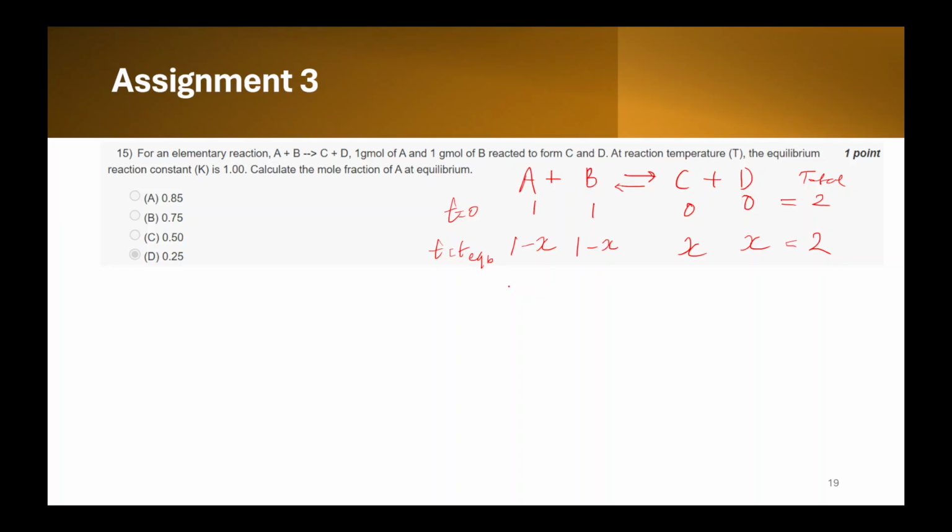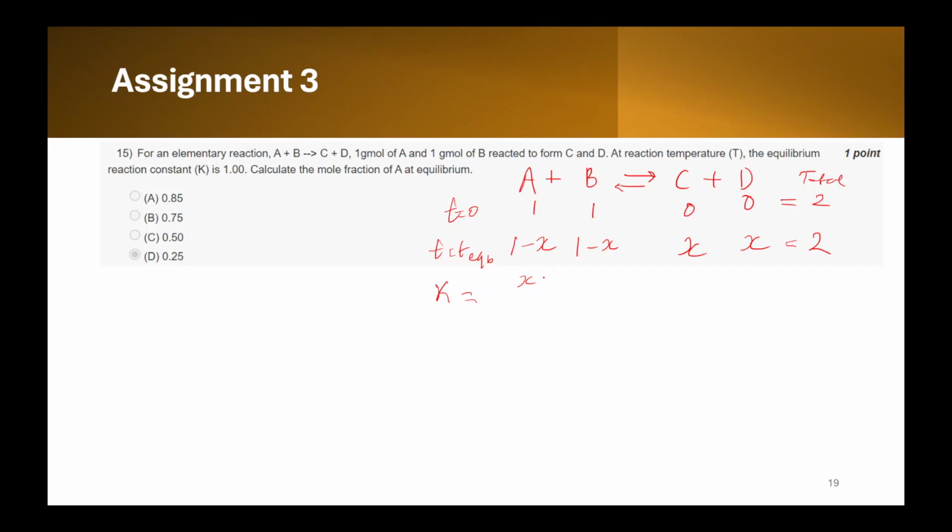Then at equilibrium you have some equilibrium constant, which is the ratio of the product of the concentrations of the products upon the product of the concentrations of the reactants.